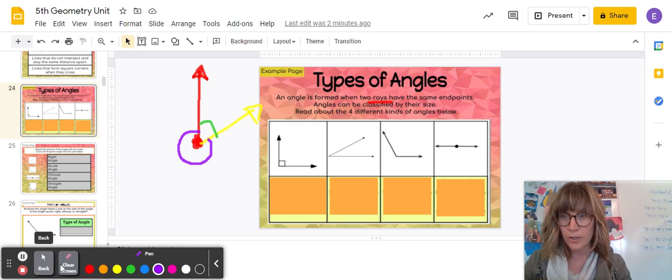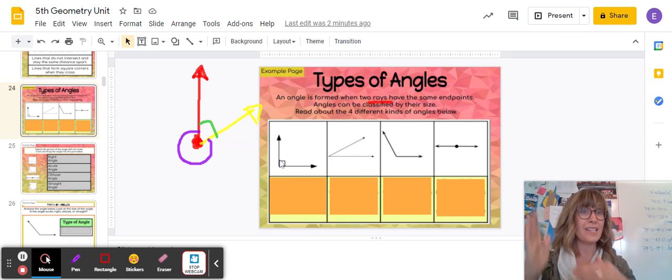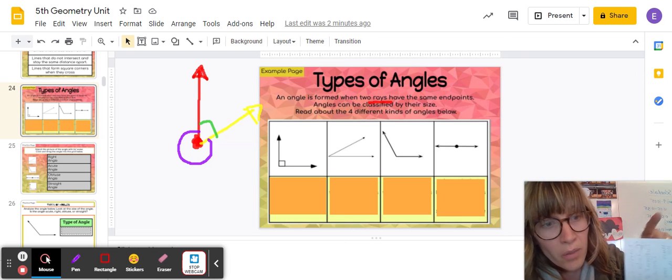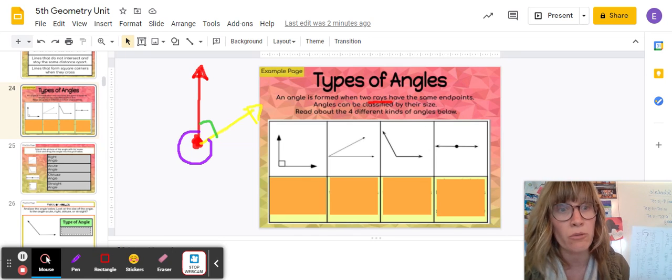So if an angle happens to have this 90-degree angle, I like to say that I can take a piece of paper. I know that this is a 90-degree angle on the corner, and it's a really handy tool that you often have right nearby.